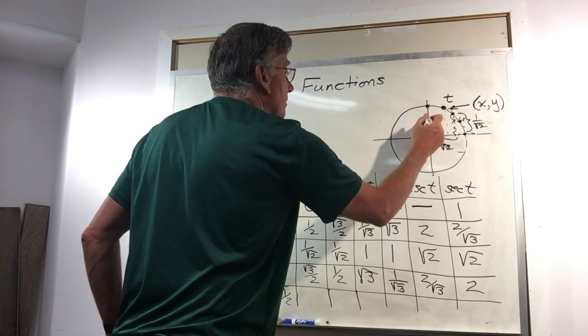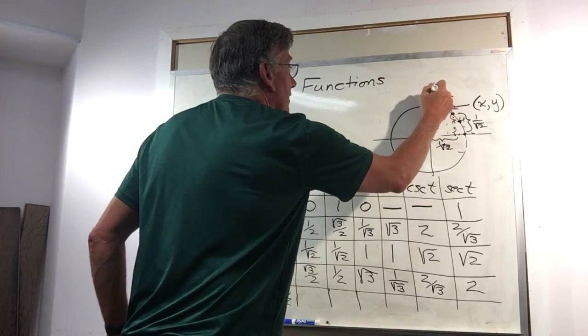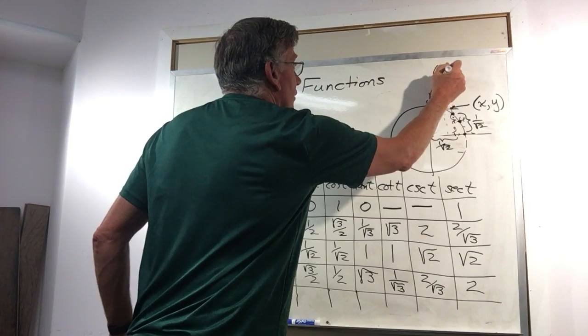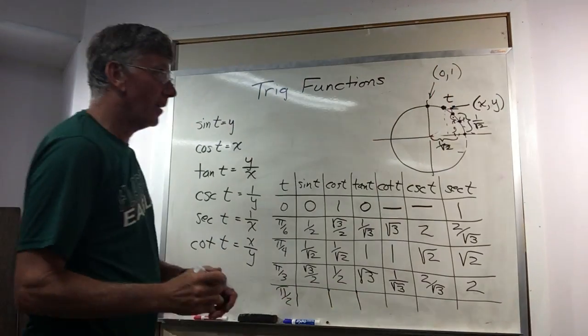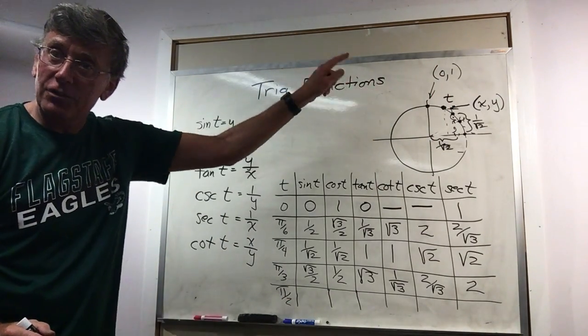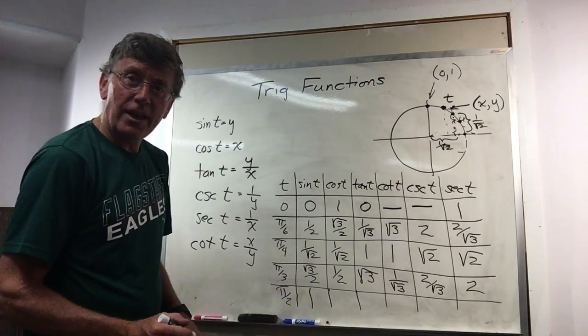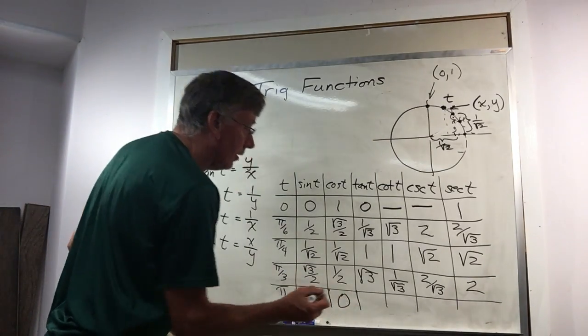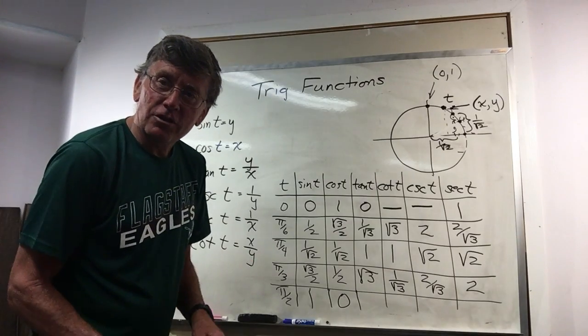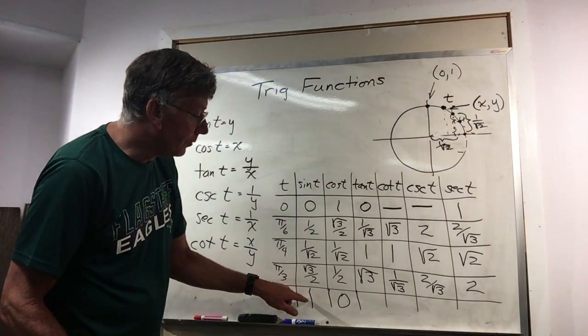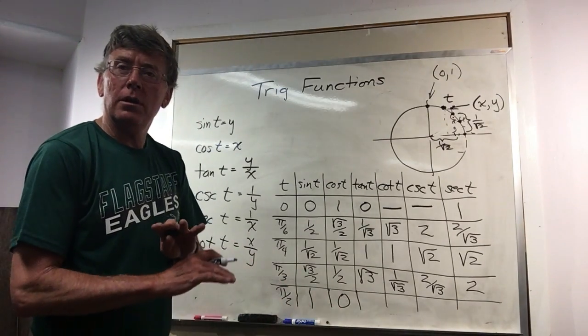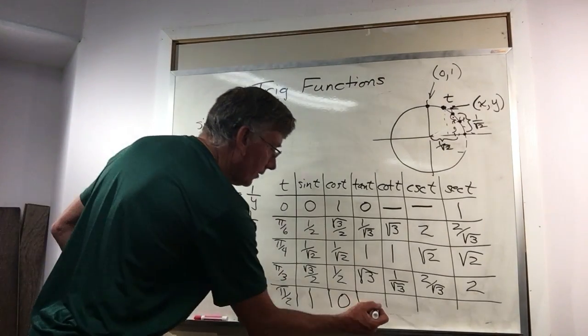Finally, we get to pi halves. This one's pretty easy because my t value is 0, 1. That's my coordinate. So my y value, my sine, is 1. My cosine is 0. My tangent, y over x, is going to be 1 divided by 0. It doesn't exist. Scratch.